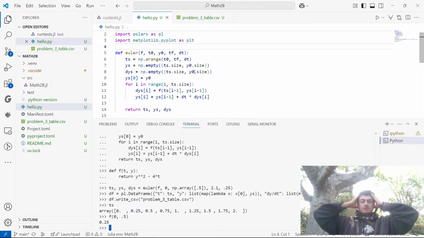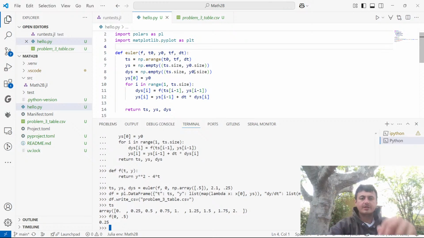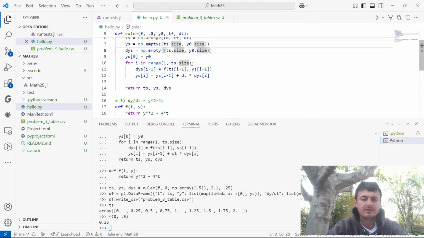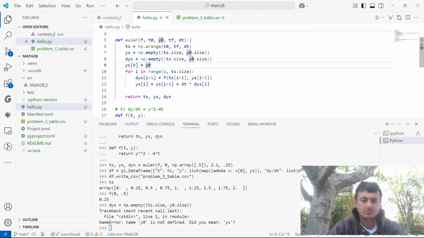Oh, you know what it needs to be though. It needs to be this. And I think that we actually want this to be... I think that's closer to what's right.